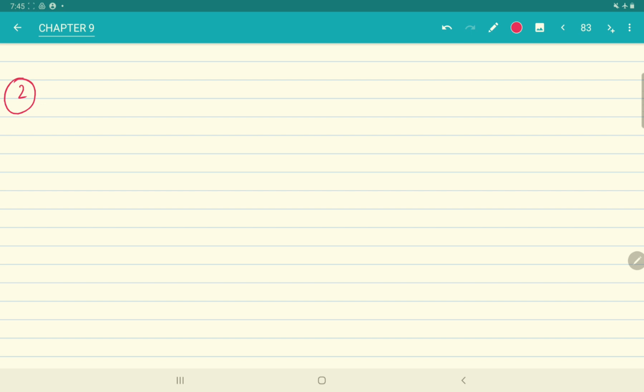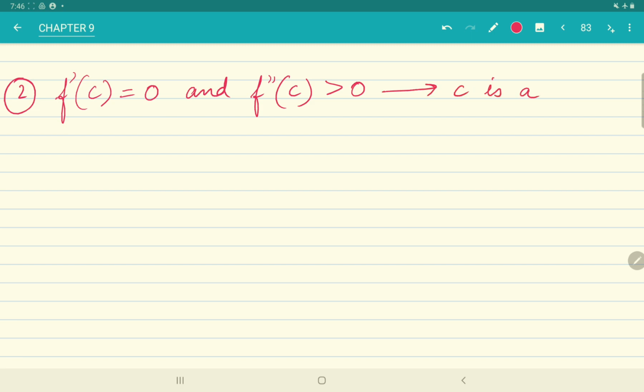Then let's say f prime c is equal to 0 and f double prime c is greater than 0. Then C is a strict local minimum point.